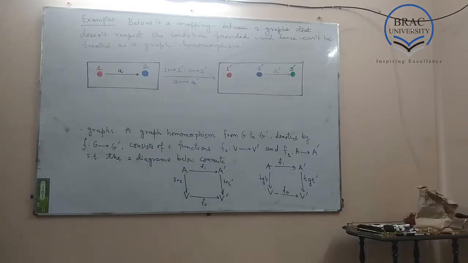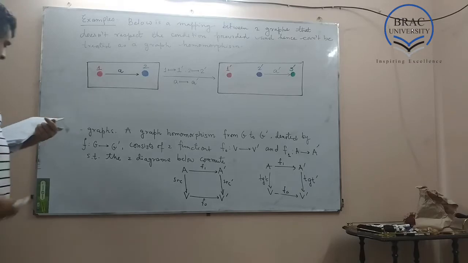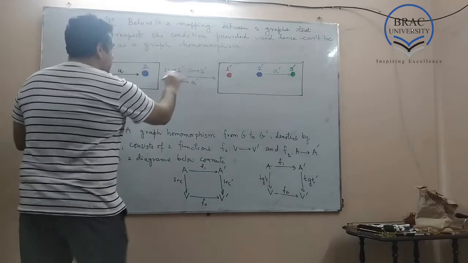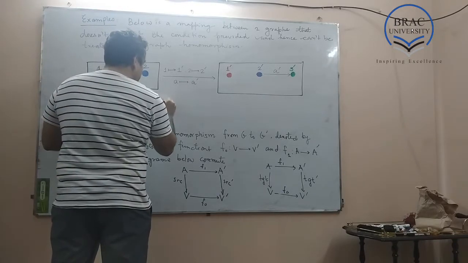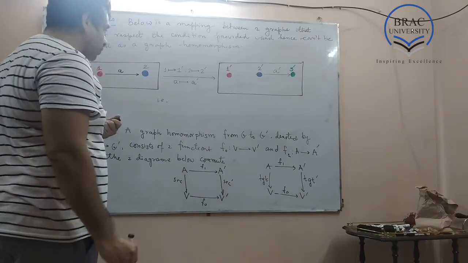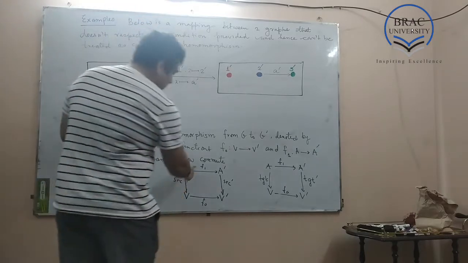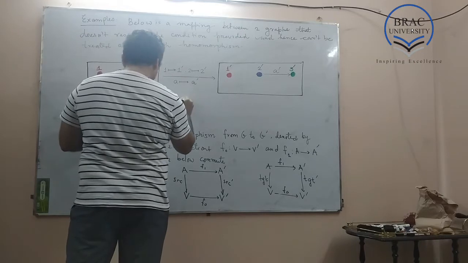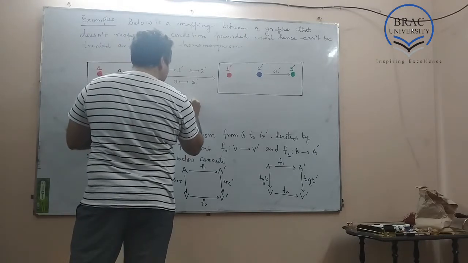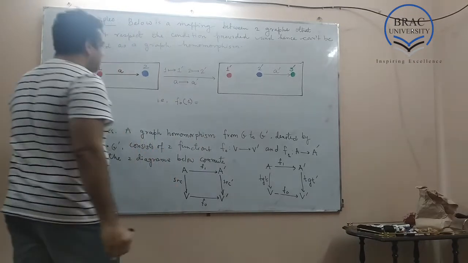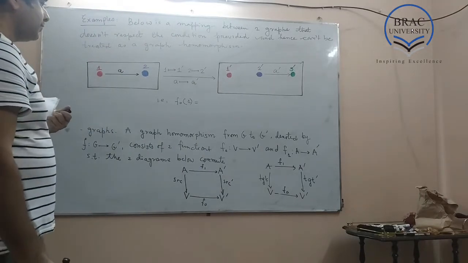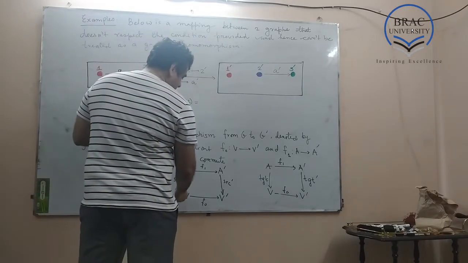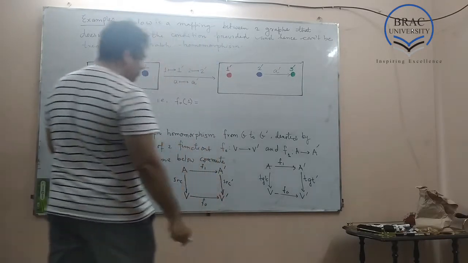So we see that it's not a graph homomorphism. Why? So in other words, we have our own notations of F0 and F1, these two maps. So using these notations, F0 acting on 1 is 1 prime. F0 is a map from the set of vertices V to the set of vertices V prime.